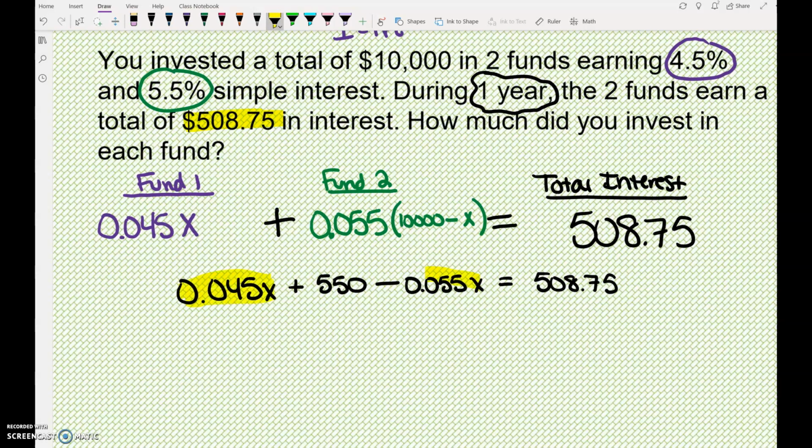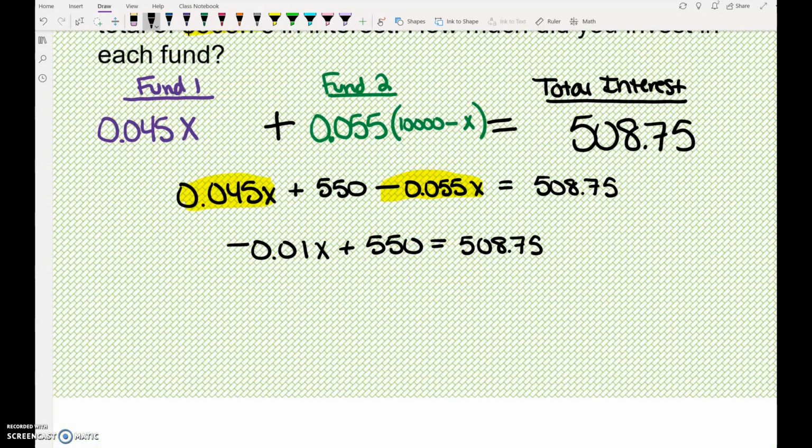Then we can combine like terms. That gives us negative 0.01x plus 550 equals 508.75. Do you feel like you could finish solving that on your own fairly easily? Yeah.